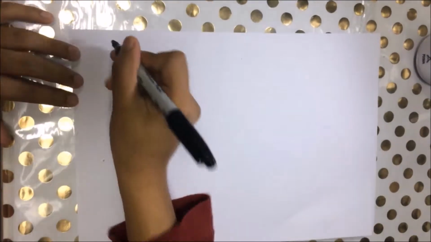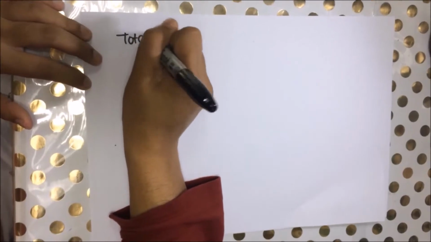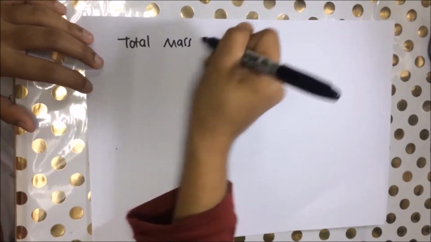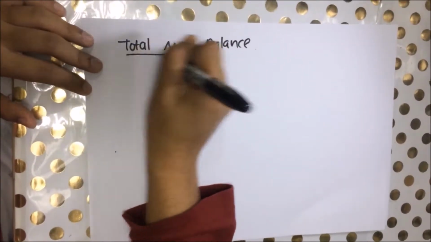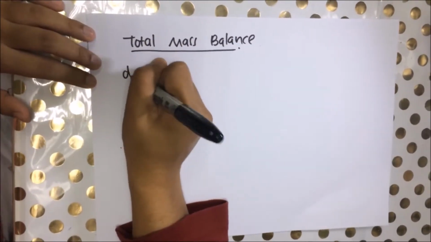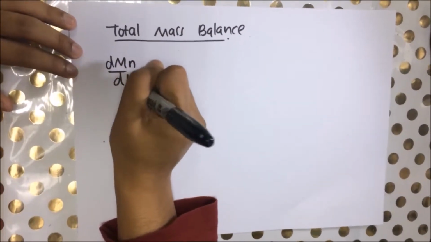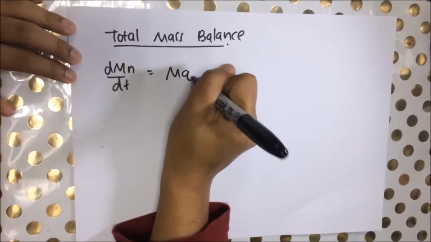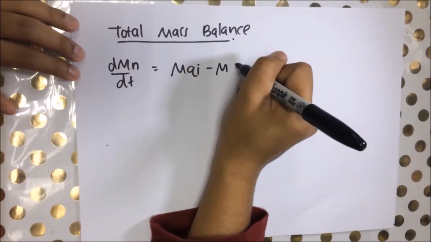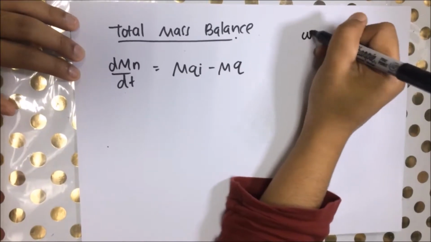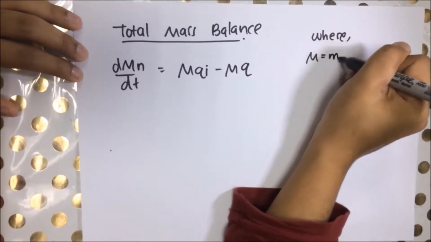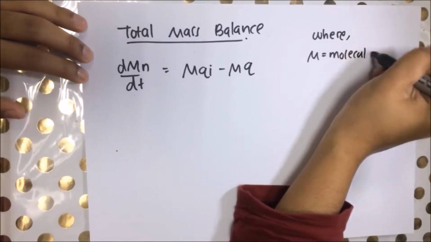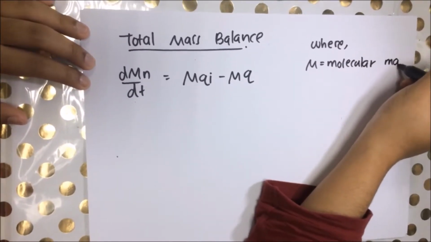Okay, so now let's do the total mass balance. If you can recall from the question, it tells us that the inlet and outlet are in molar flow rates, but we want it in mass. So we've got to somehow change it to mass. We're doing d(mn)/dt, where m is the molecular mass and n is the moles.